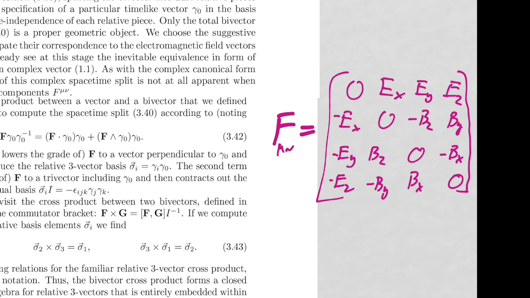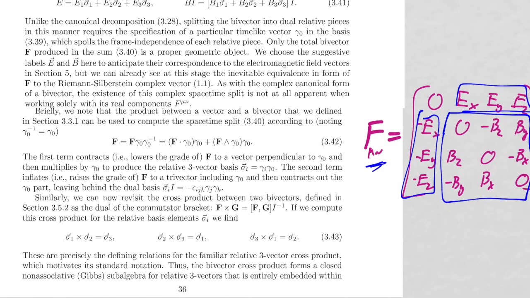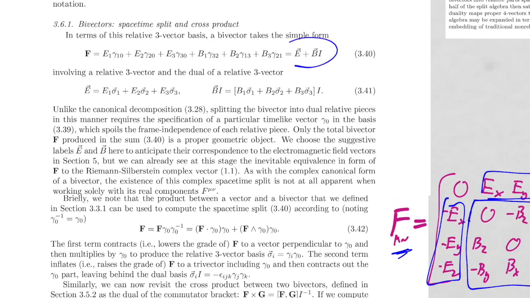And if you look at it, it cleanly breaks up into something that's obviously not vector-like. It's anti-symmetric tensor-like, and the electric field is sort of out here. So it's not completely invisible in this tensor form that you can break things up into this split here, right?